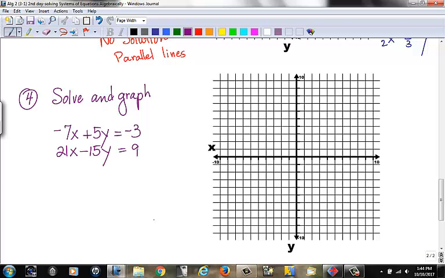Now look at those two equations. We're lazy. We're going to have no solution, it's going to be 0 equals 0, right? If I wanted to eliminate the x's, multiply by 3, right? We're still going to show the work. I want you to see what that's going to look like.